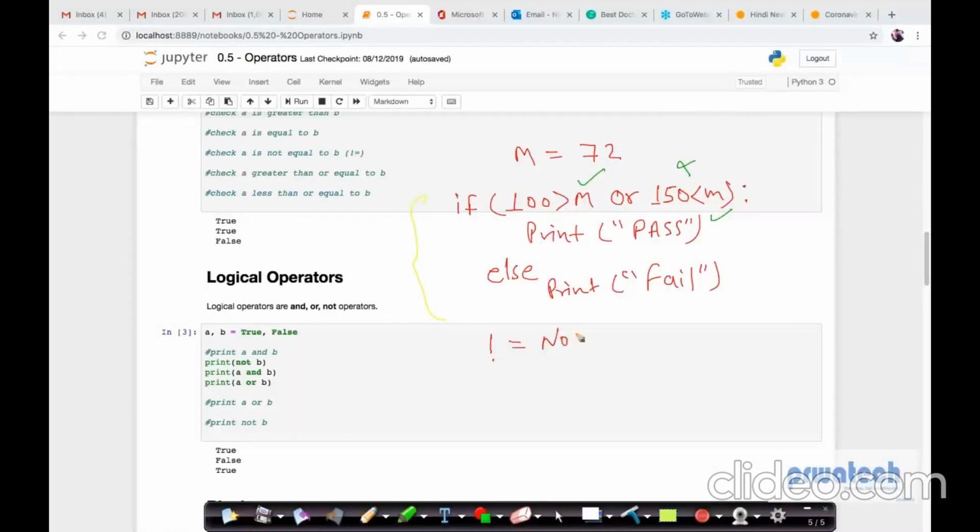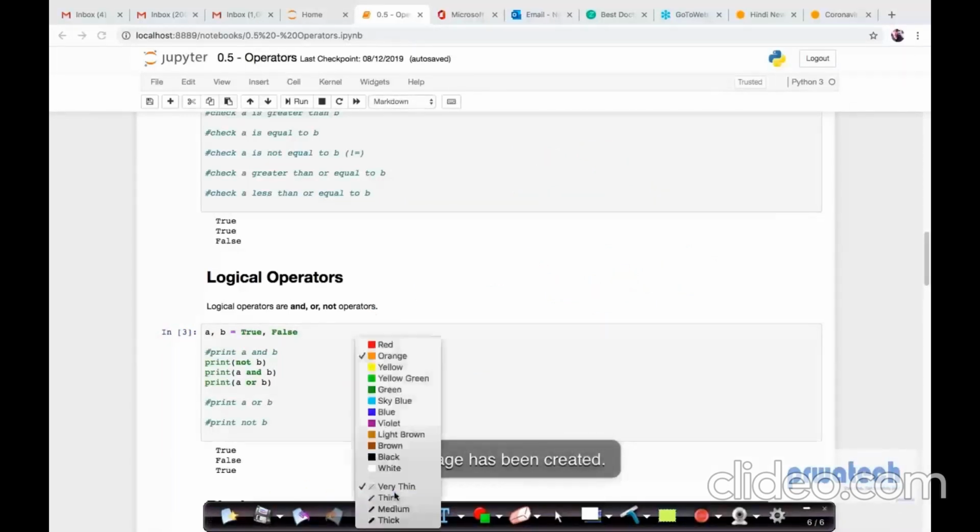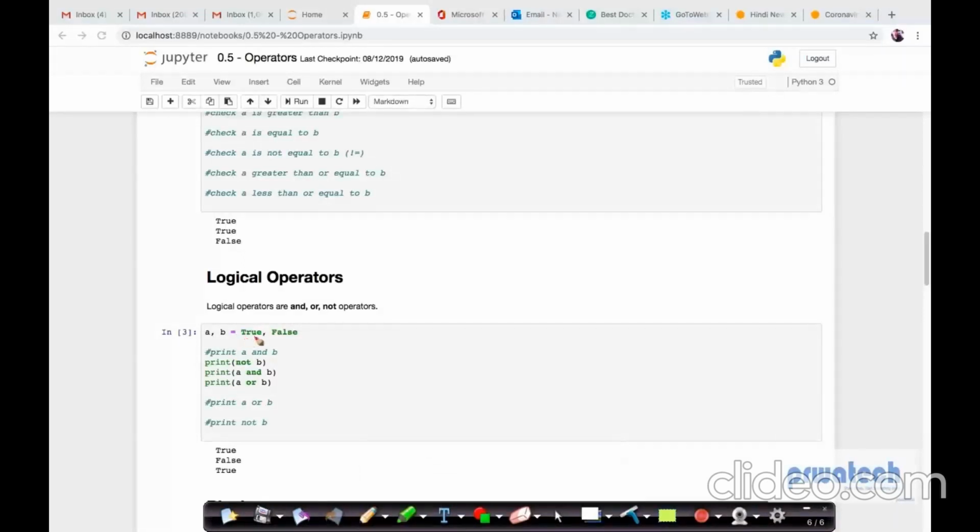You'll see how we are using this NOT in the third example. I said here A is equal to true and B is equal to false. You can understand this is 1, this is 0 technically, and I said print not B. The B value is already false. What is the opposite of false? The opposite of false is true.